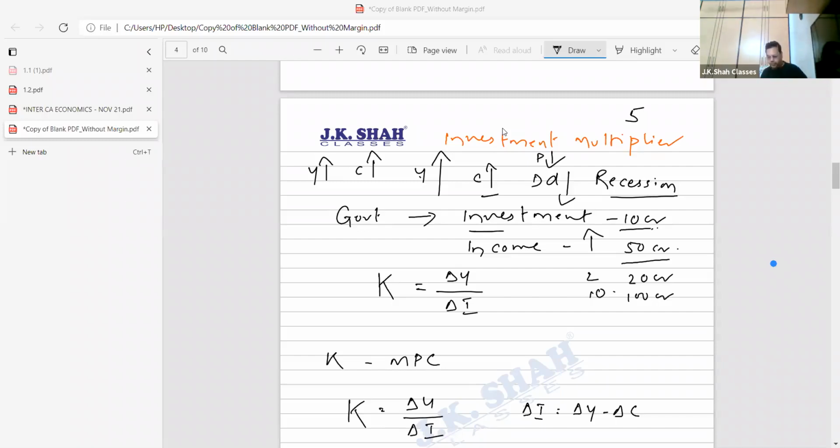For instance, if government makes investment of 10 crore rupees, and due to this income of people rises by 50 crores, then multiplier is 5.